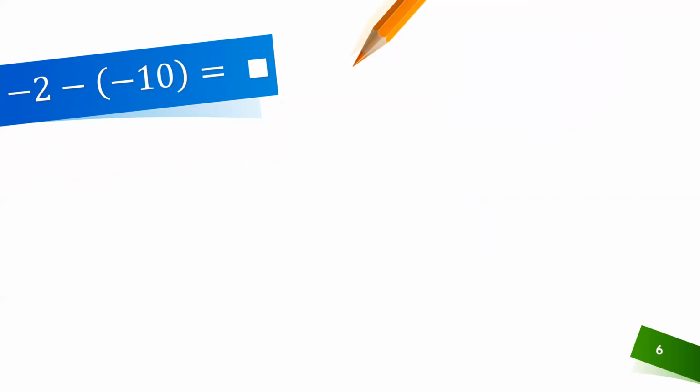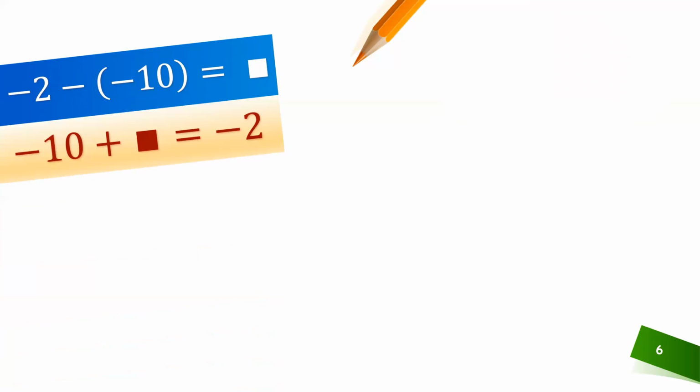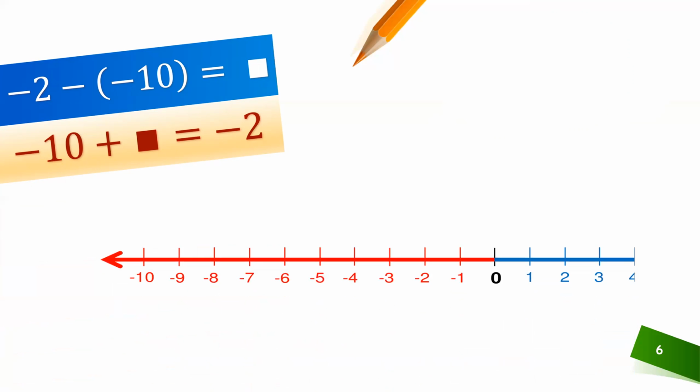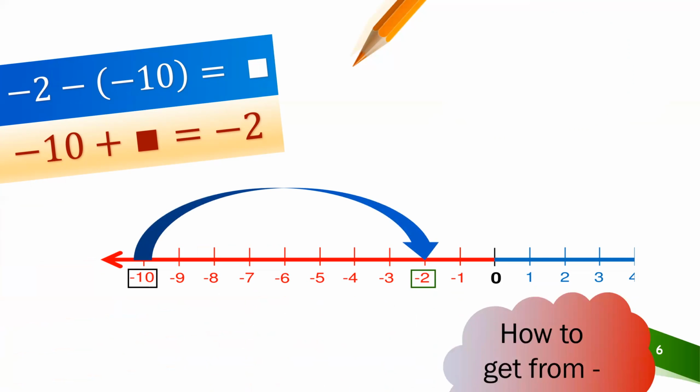Now, negative 2 minus a negative 10. Same concept. We would say, let it be blank, so that negative 10 plus blank is negative 2. Okay, let's think about that for a second. You start at negative 10, and you need to end up at negative 2. How do you get there?